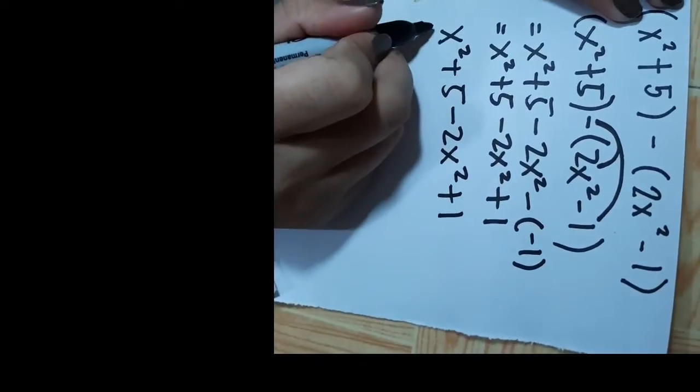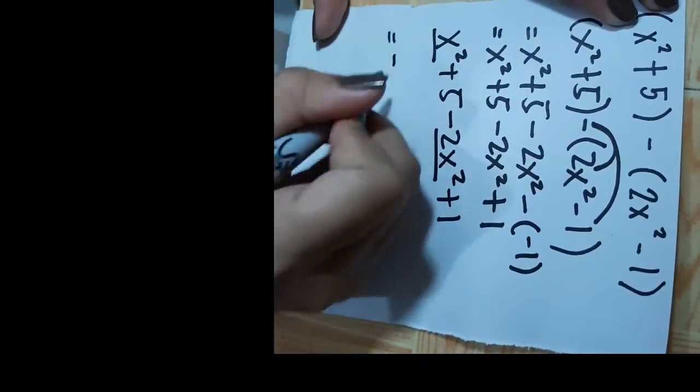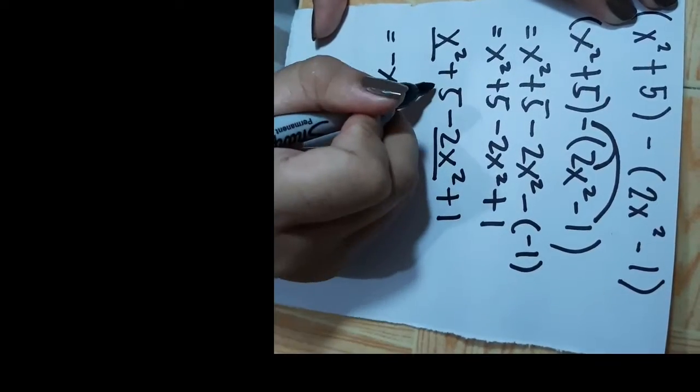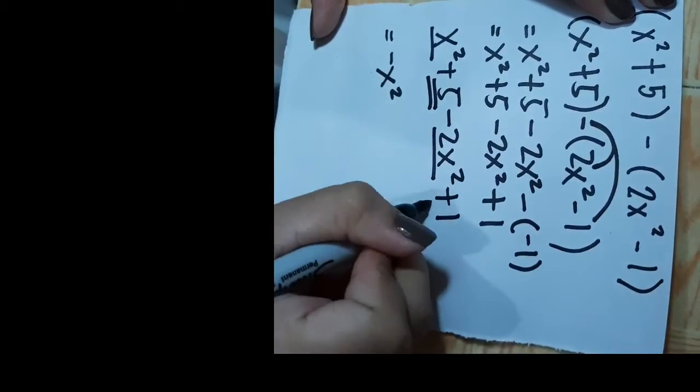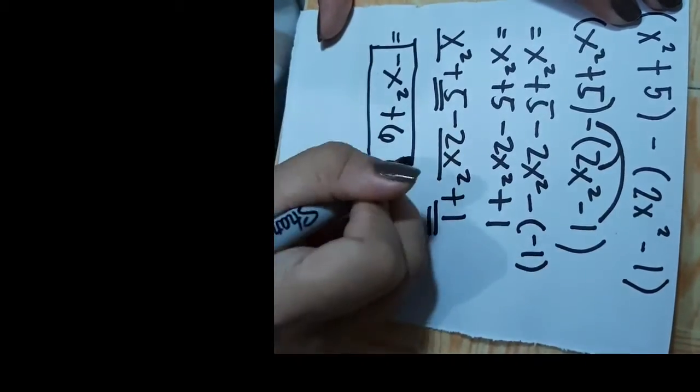Combine the x squared and the negative 2x squared, and it equals negative x squared, and 5 plus 1 is equal to 6. So this is the final answer.